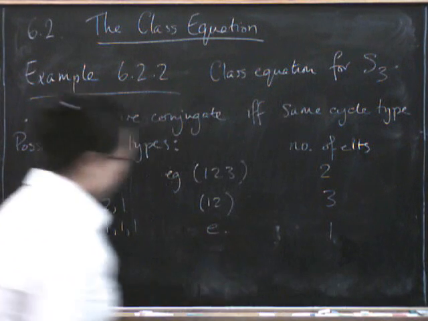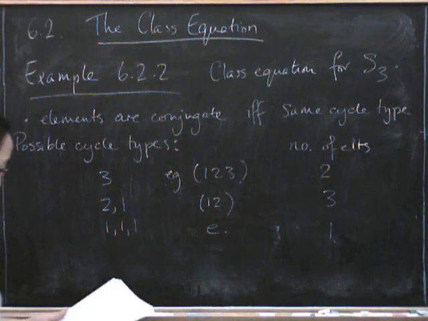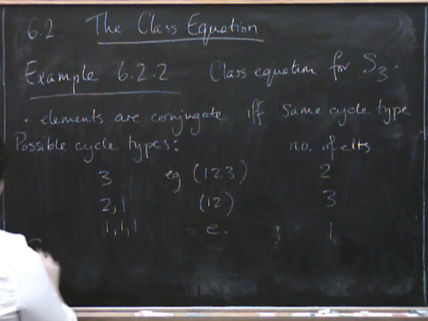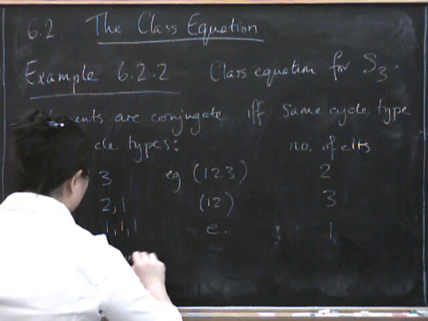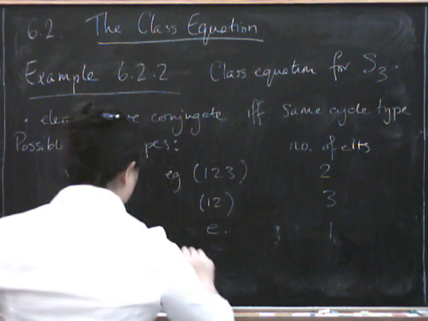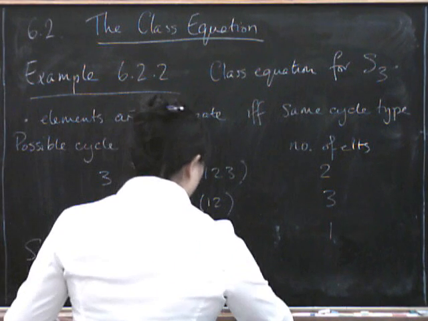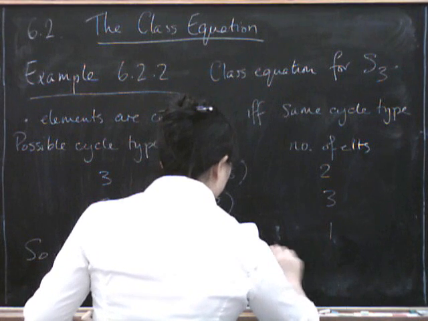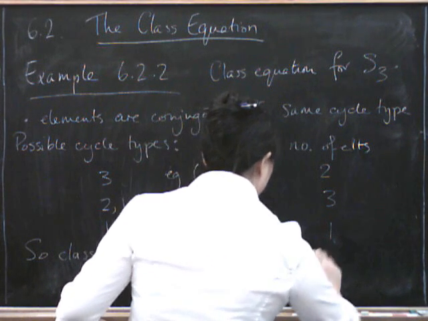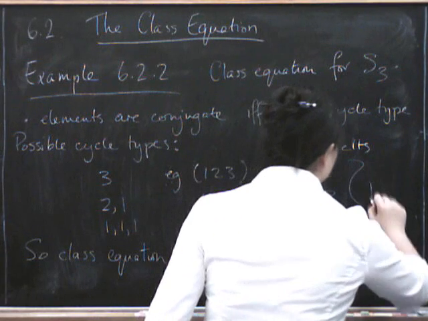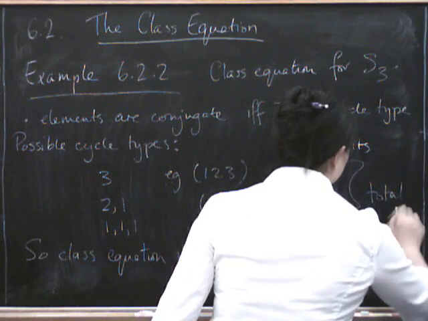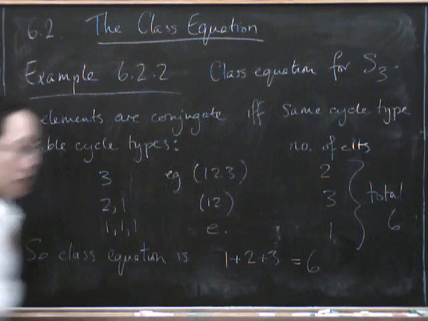Well, there's only 1. So the class equation is very simple here. The class equation is 1 plus 2 plus 3 equals 6, because we can check that the total number of elements here is indeed 6, which is what it's supposed to be.